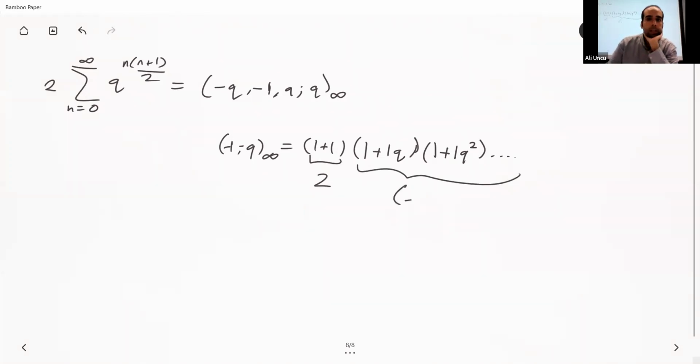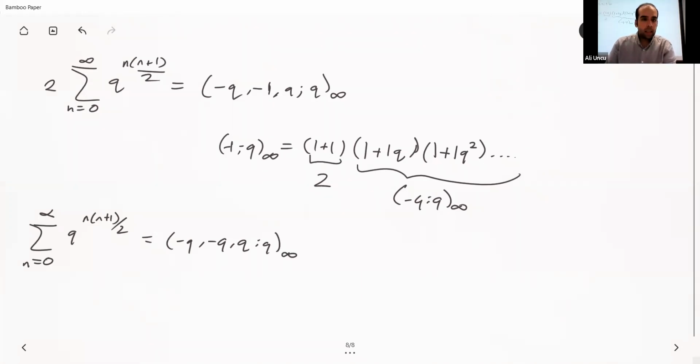The rest is just minus q sub infinity. Well, perfect. That 2 and that 2 will take care of each other, right? And we will get the sum from n equals 0 to infinity of q to the triangular numbers n times n plus 1 divided by 2 is equal to minus q, another minus q, q base q sub infinity.